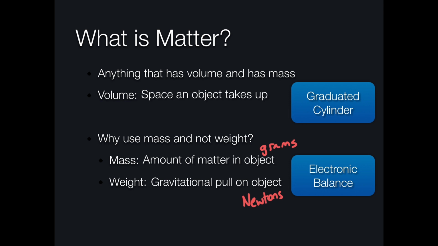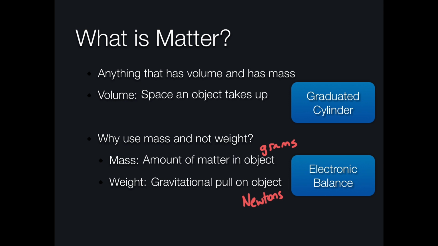Whereas if you are subject to a lighter gravitational pull, like on the moon, and for the record, we did totally land on the moon, despite what some conspiracy theorists think, then your weight is less on the moon because there's less gravitational pull.